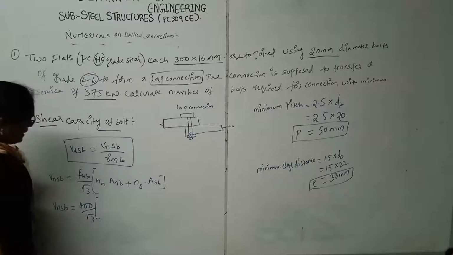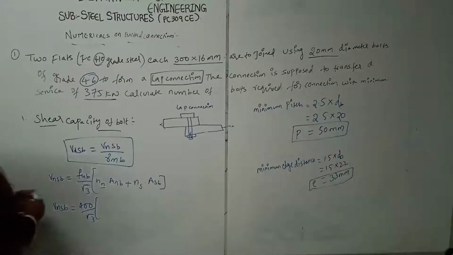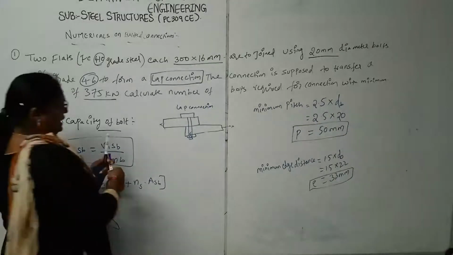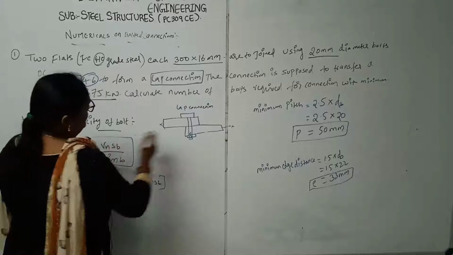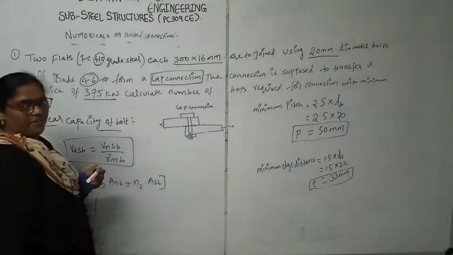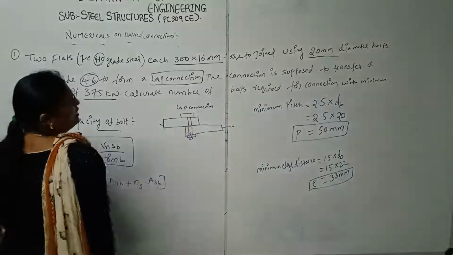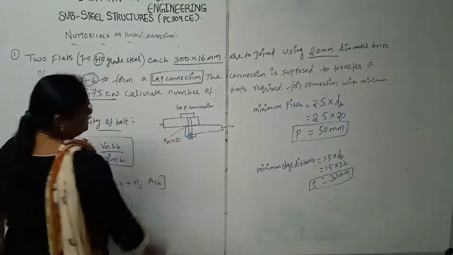So what is actually NN? NN is the number of shear planes at the threaded portion. Here is the shear plane. Do you find any threaded portion here? No, you did not find the threaded portion here, so obviously NN will be 0.